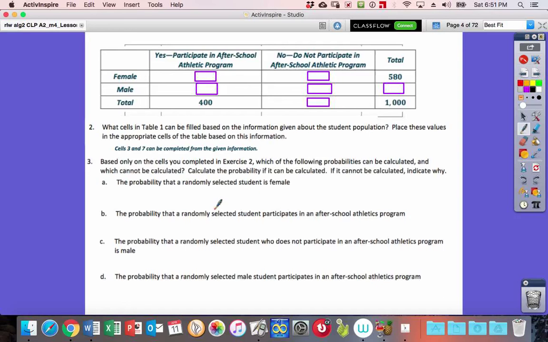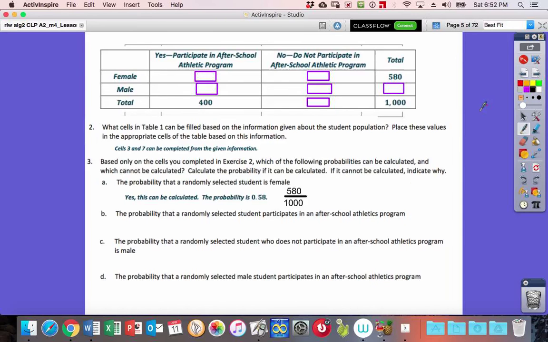The probability that a randomly selected student is female: there's 580 females, and I am selecting from all the students, and there's 1,000 students. So the probability is 580 out of 1,000.